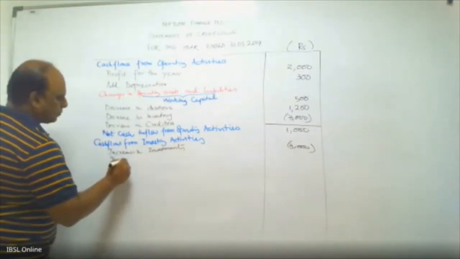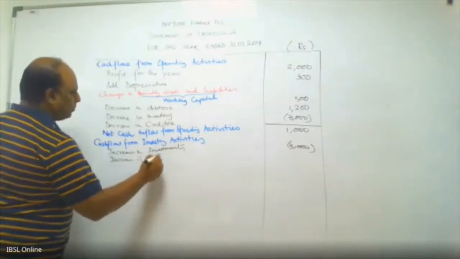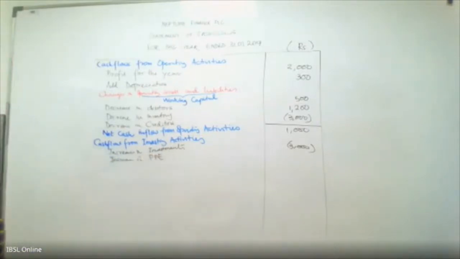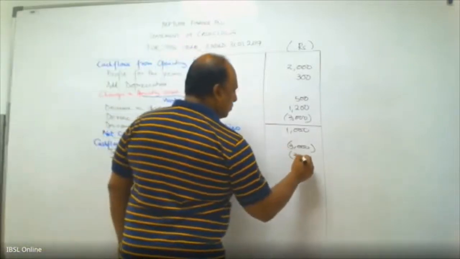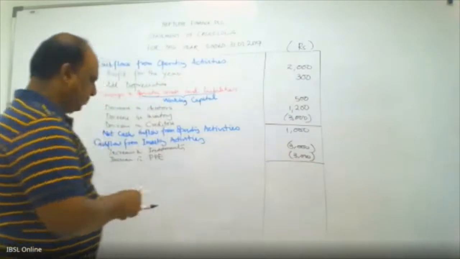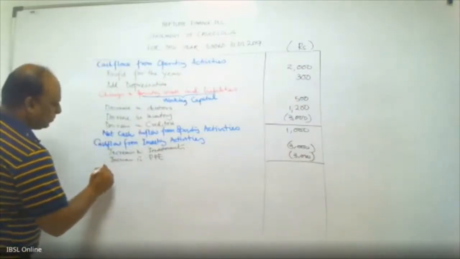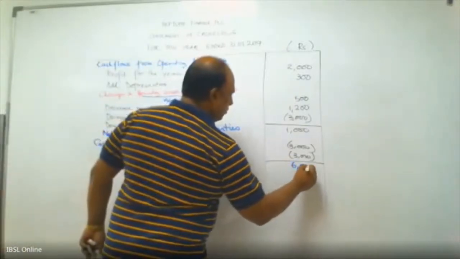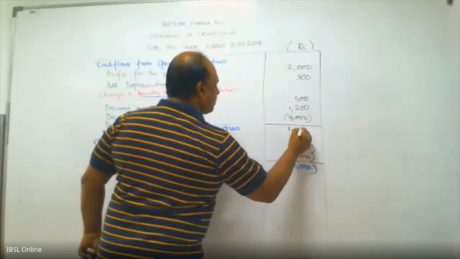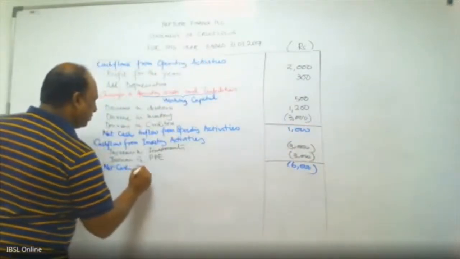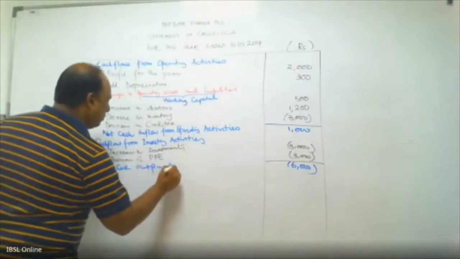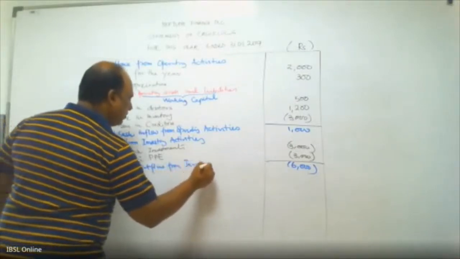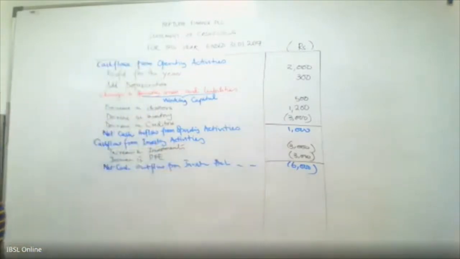Increase in PPE. Again, that is also 3000. So you have net cash, it's all negative. So net cash outflow from investing activities. Okay.